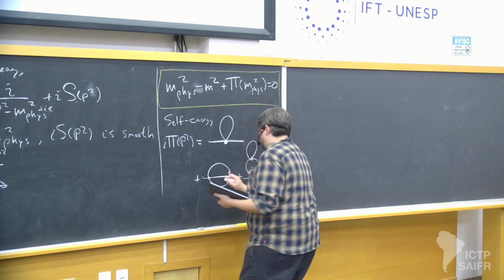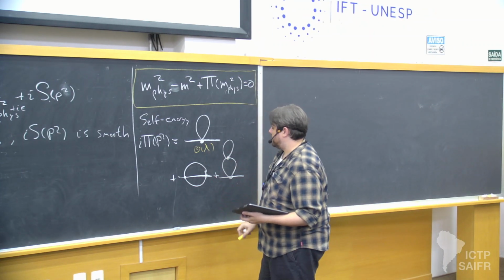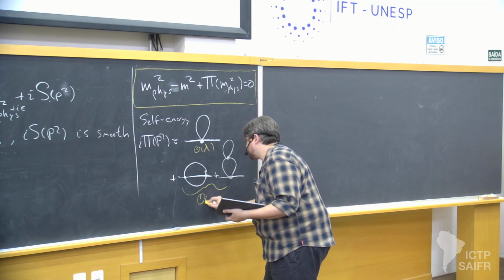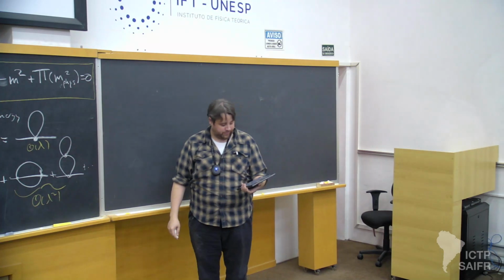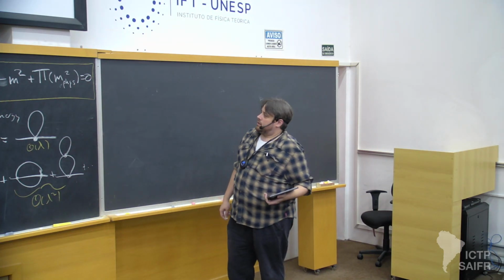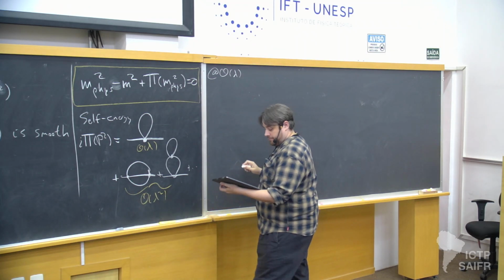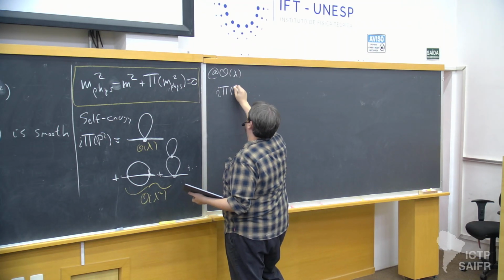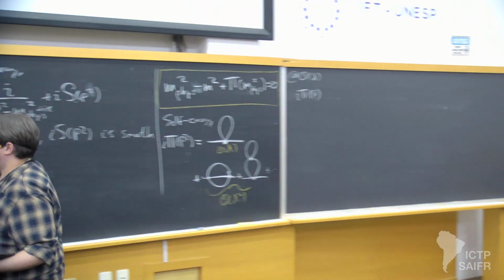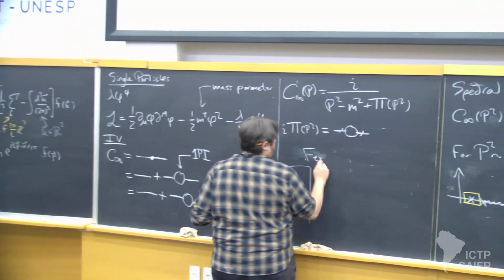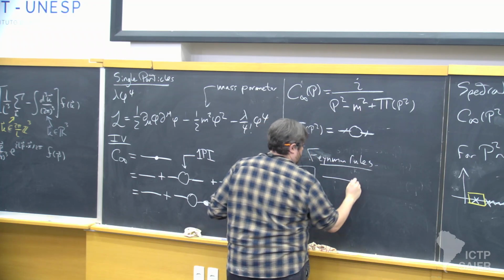So in this theory, you have one diagram that's of order lambda, and you have two diagrams that are order lambda squared, and then further diagrams at higher orders. At order lambda, the Feynman rules for this theory are one of the simplest ones.